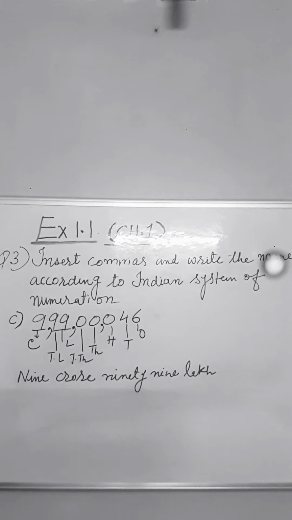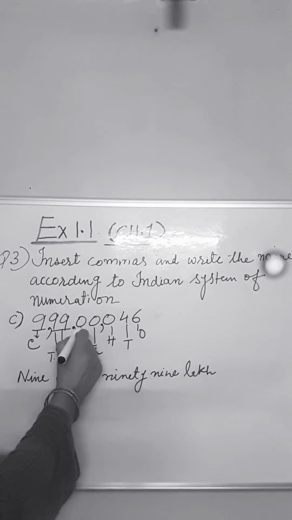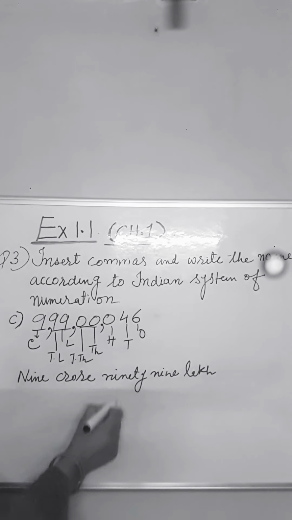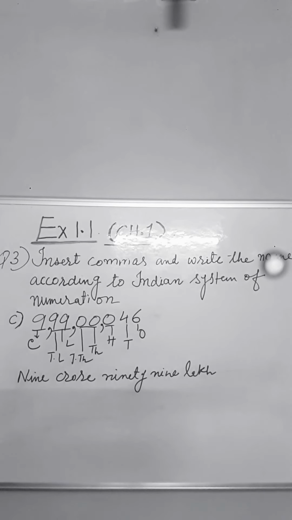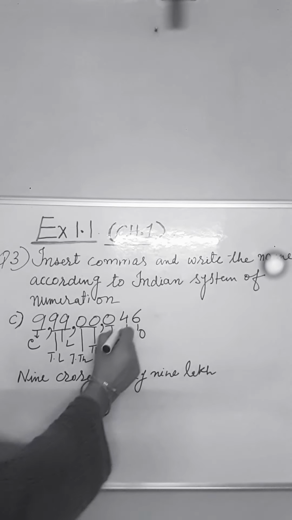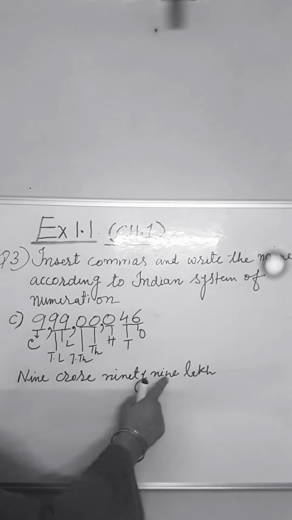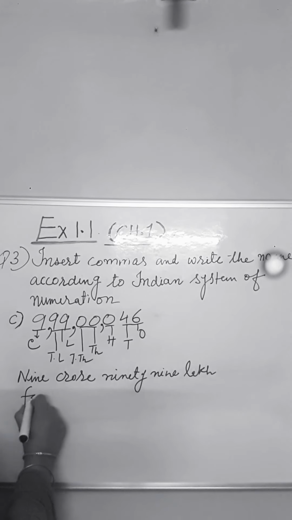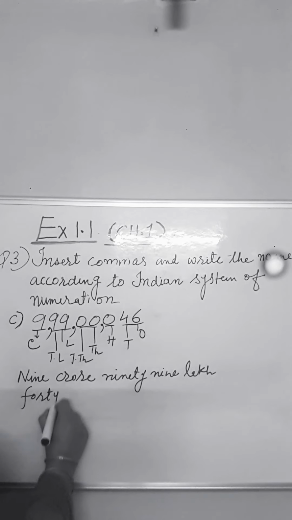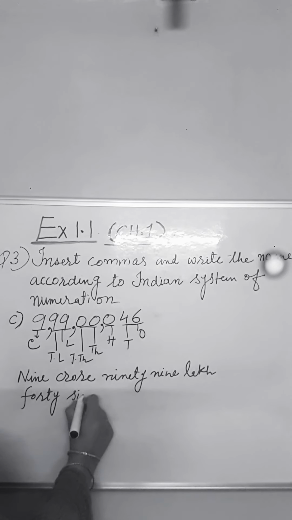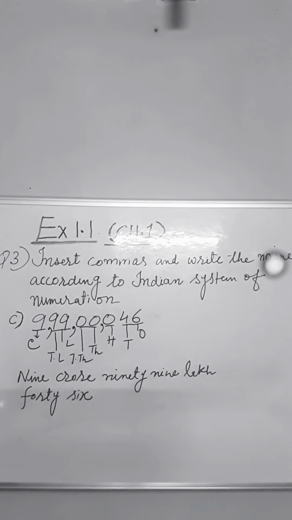At 1000 place and 10,000 place nothing is there, only 0, so we will write nothing. At 100 place also 0, so we will write nothing. In the last, 46 is given. So what will we write? 9 crore 99 lakh 46. So this is a large number but the name is short. 9 crore 99 lakh 46.